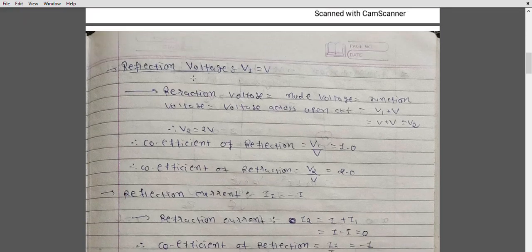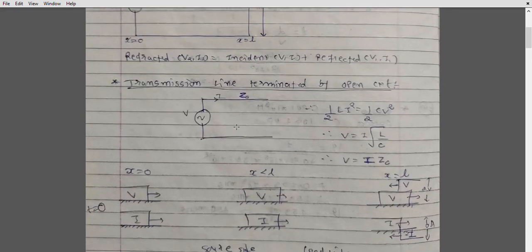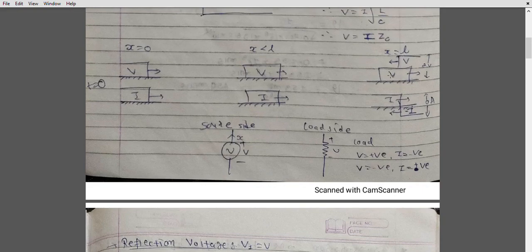So the reflection voltage is V. From this circuit, the incident voltage is V. Here it is the incident voltage V, and here it is the incident current I. The backward traveling wave is V, and here the backward traveling current wave is minus I. So this is nothing but our refracted voltage wave and refracted current wave.